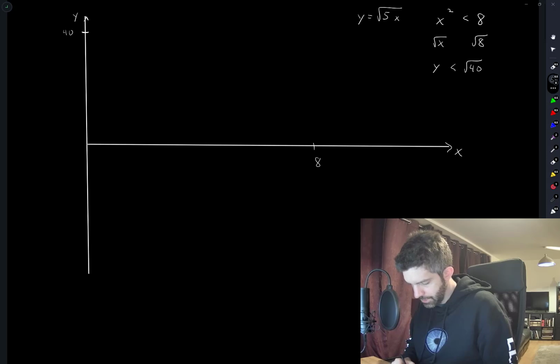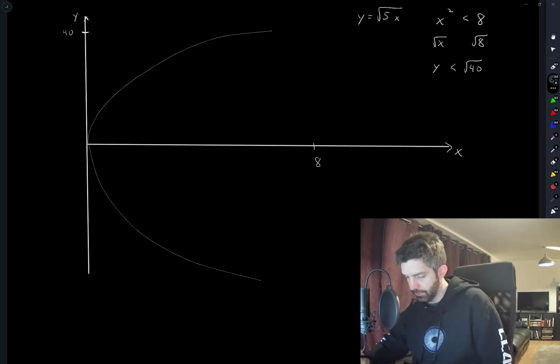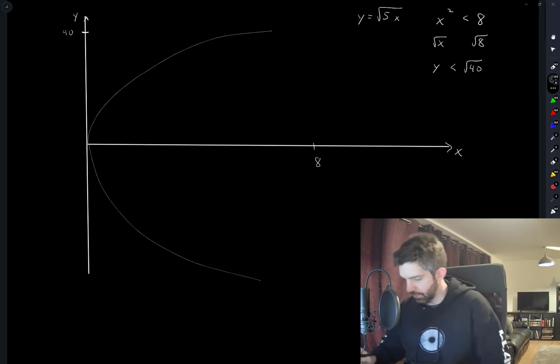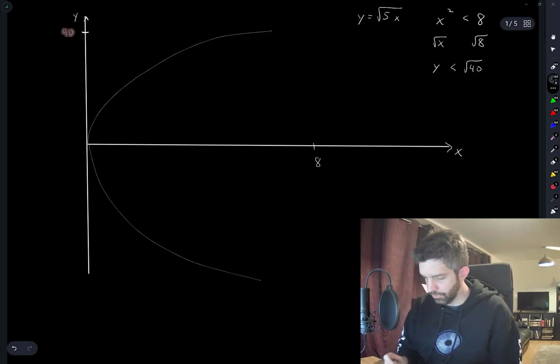I have some kind of region like this, and I'm looking at all the grid points inside of here. Oh, y doesn't go up to 40, it goes up to root 40.